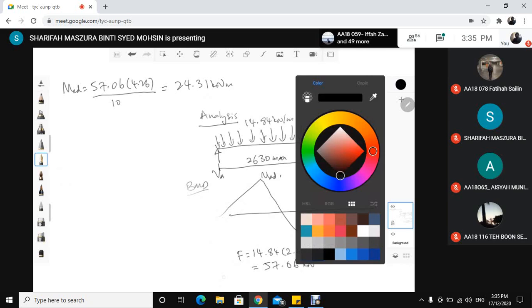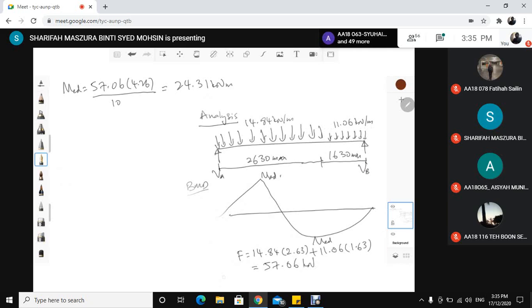Then for moment calculation, for shear force calculation, we only have moment on one direction only. So 24.31 kilonewton meter. So summation of moment at A equal to 0.